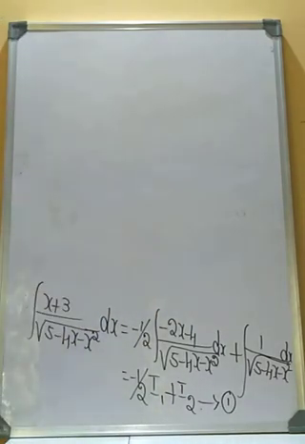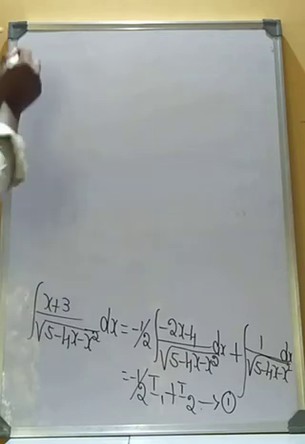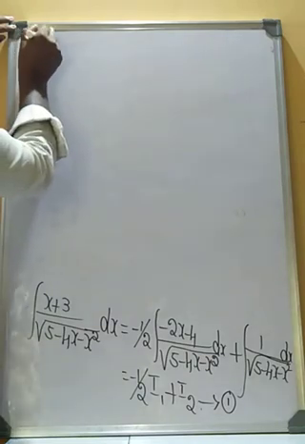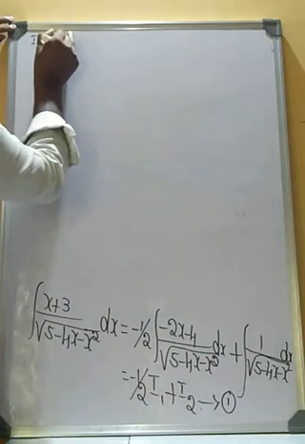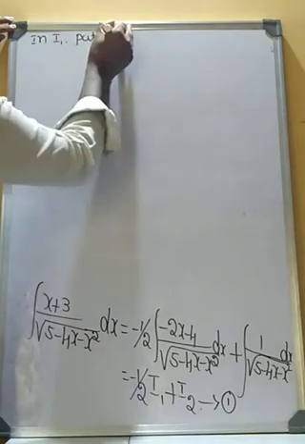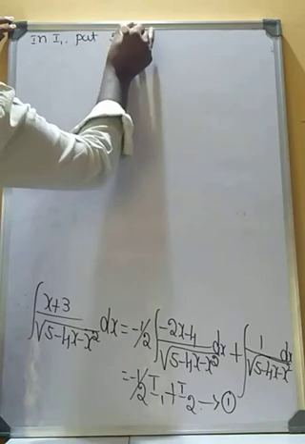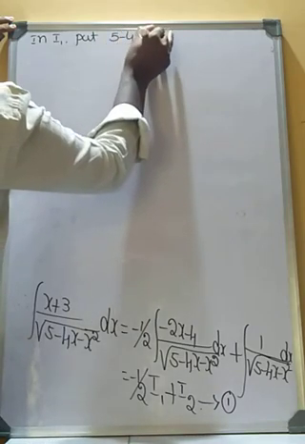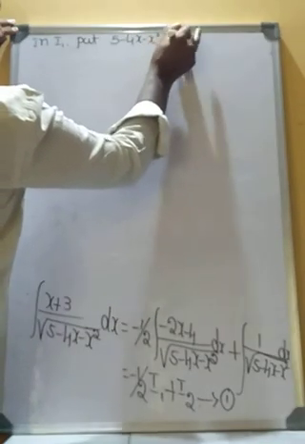The next, in I1 put 5 minus 4x minus x square equals t.